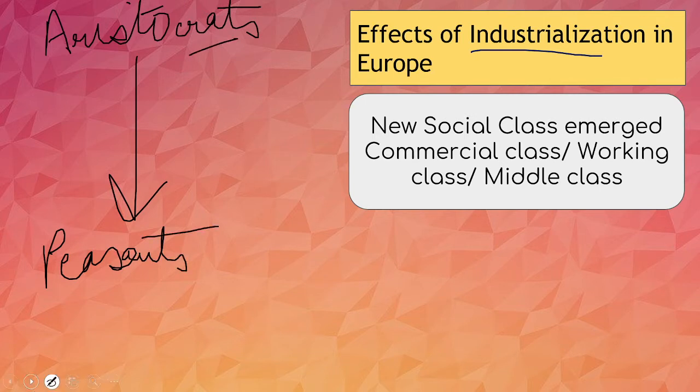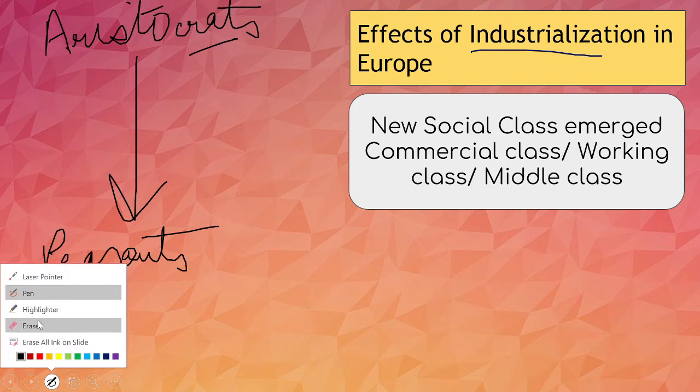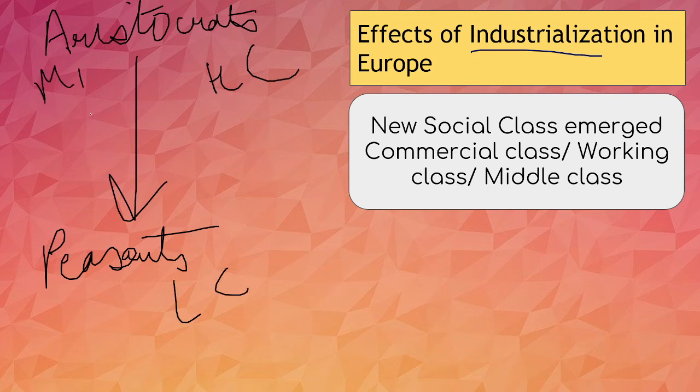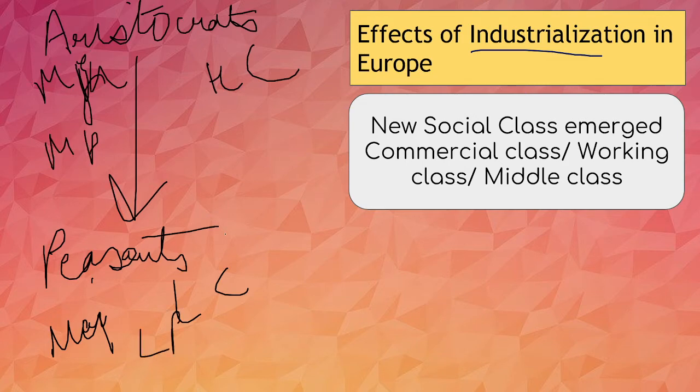Aristocrats were the high class, peasants the low class. Minority and majority. And they had more power, they had less power.